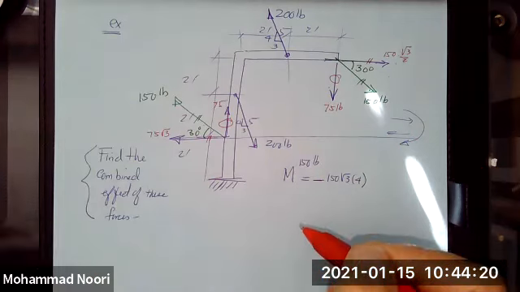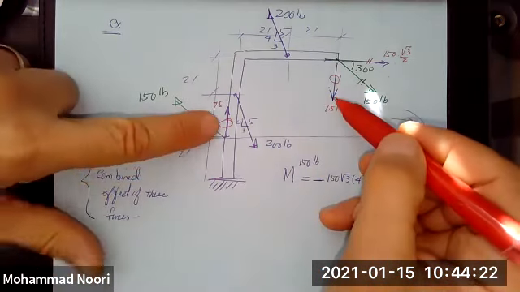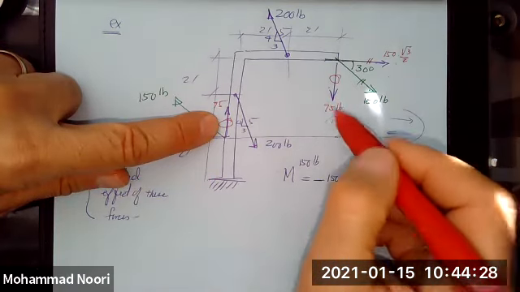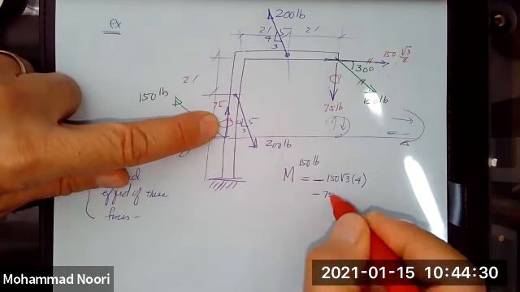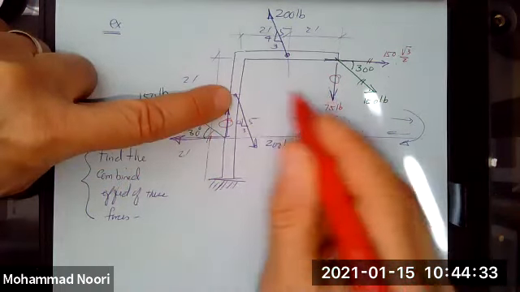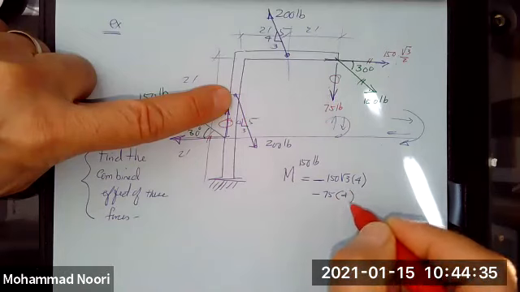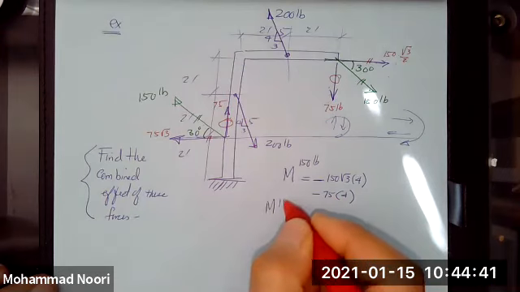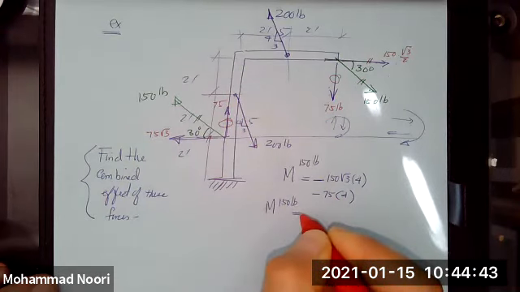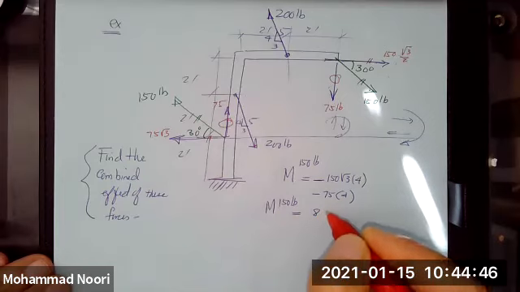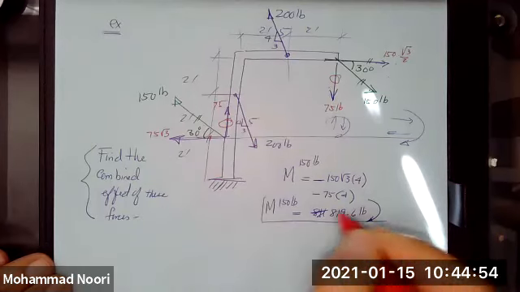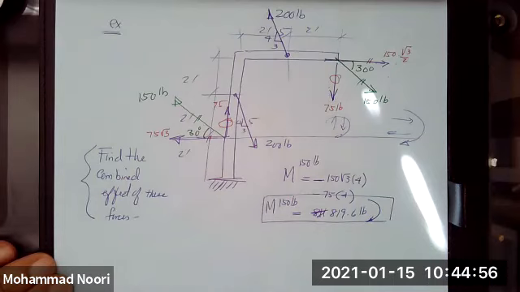So that would be negative. How about these two? They also generate a negative moment in this direction, and that would be negative 75 times the vertical distance between these. Okay? So if you add these up, you see that moment of 150-pound force would be 819.6 pounds negative, or in the clockwise direction.